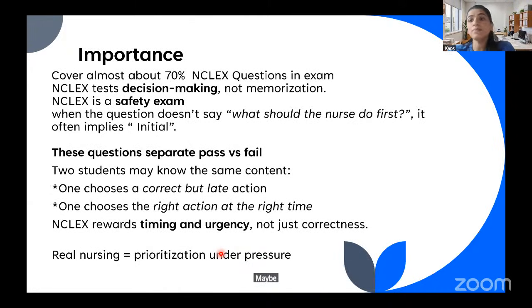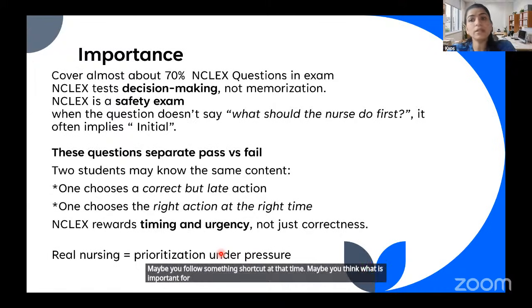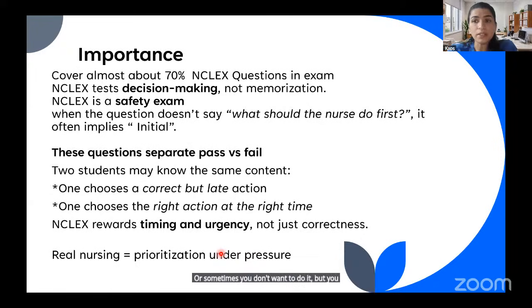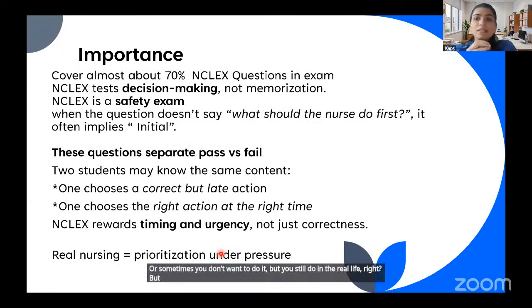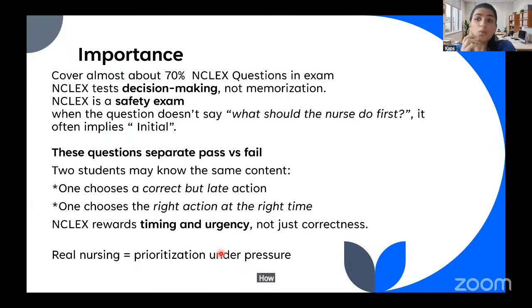Maybe you follow a shortcut at that time, or you think about what is important for you. That depends on the client's situation. Maybe it's a good answer, or sometimes you don't want to do it but you still do in real life. But basically, these exams prepare you for the real-life pressure on the floor, for how to think about what to do first with your patient.